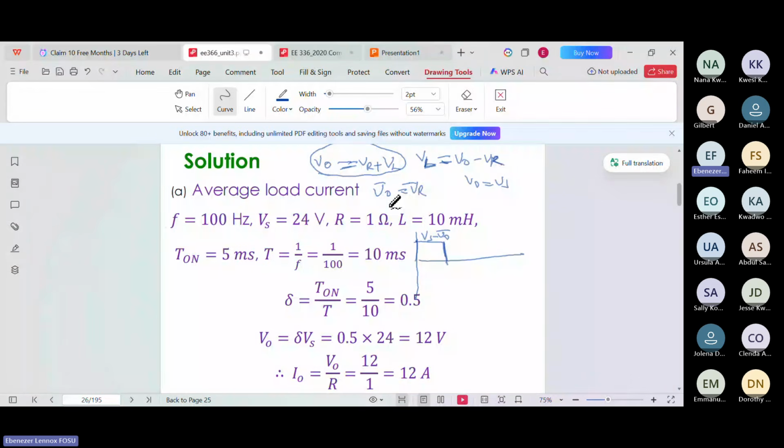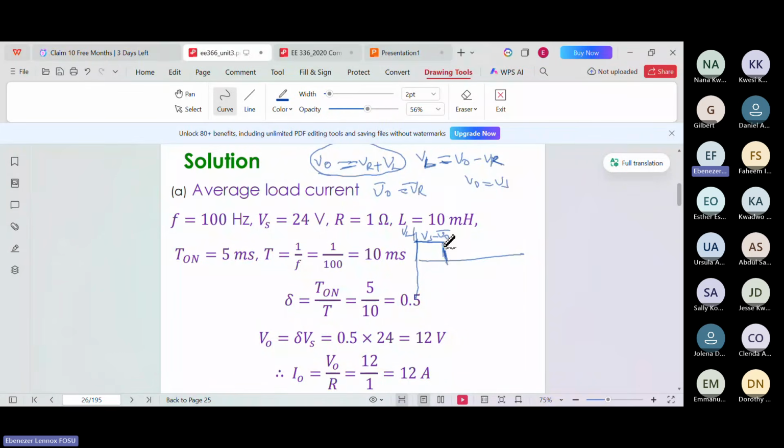So we can replace VR with V naught average. That is why during the time that the switch is on, the VL value is Vs minus V naught average.